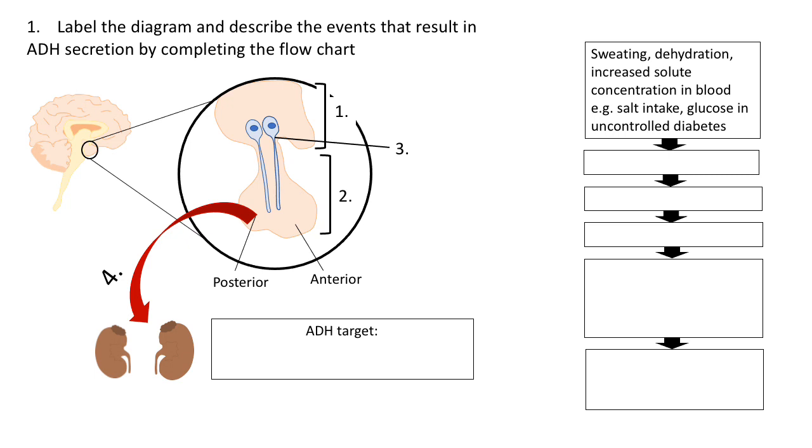Okay, so on the diagram, label 1 is hypothalamus, and then 2, pituitary gland, and that's got a posterior and anterior part. 3, these are osmoreceptor cells. They extend from the hypothalamus into the pituitary.